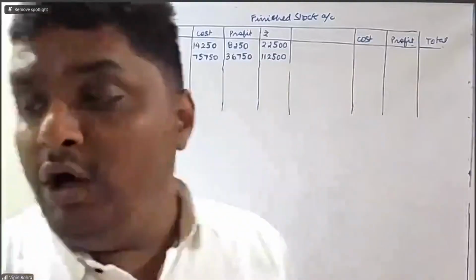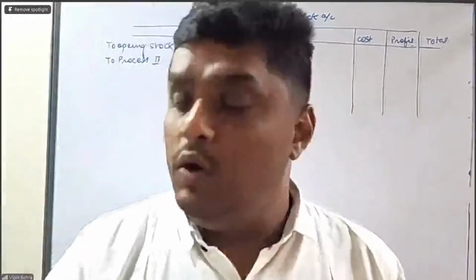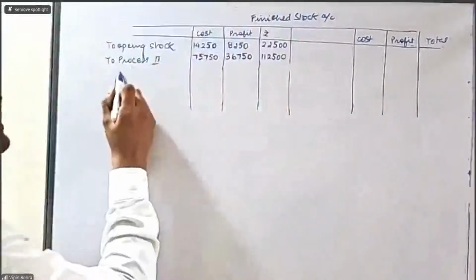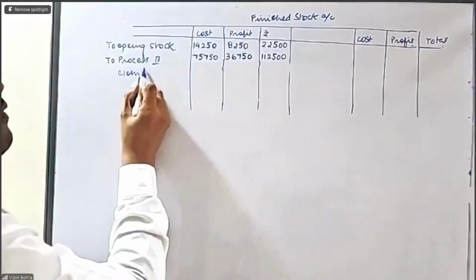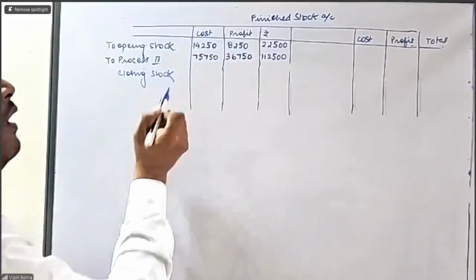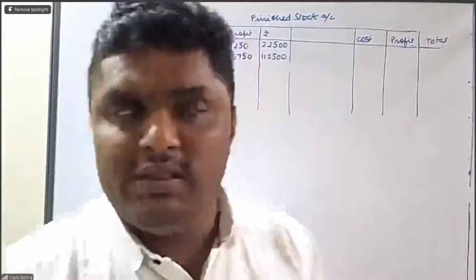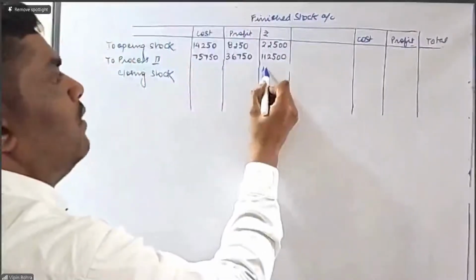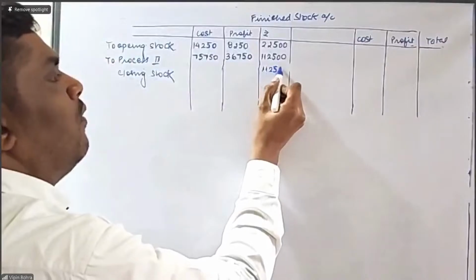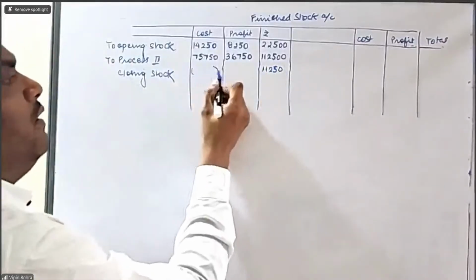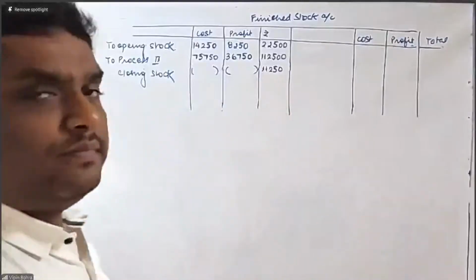Now, again, the important part is the calculation of closing stock value. We need to subtract the closing stock also. And the value of closing stock is given in the question, that is 11,250. Now we need to calculate these two figures.